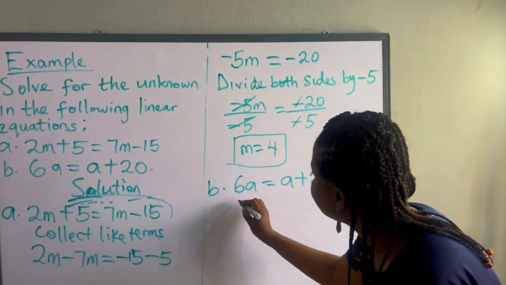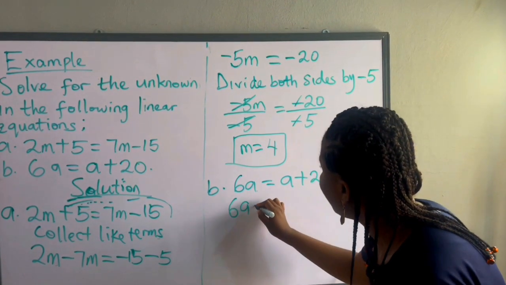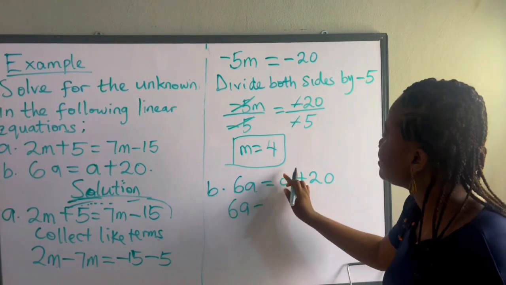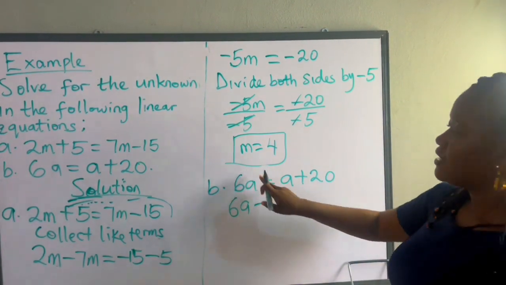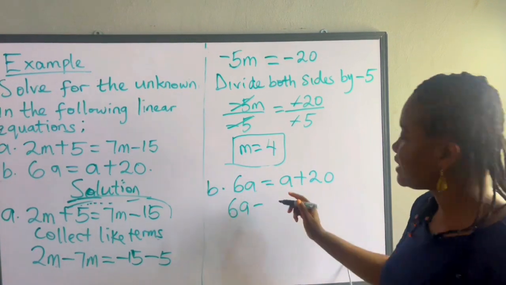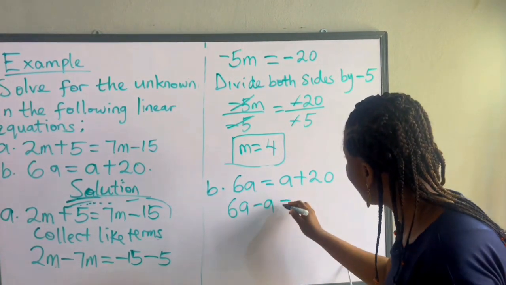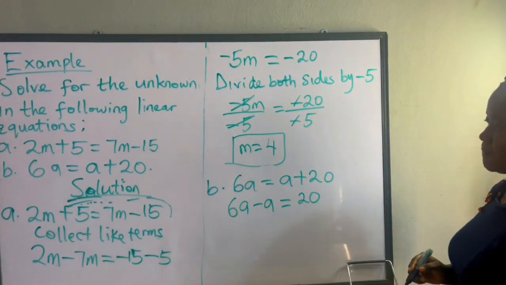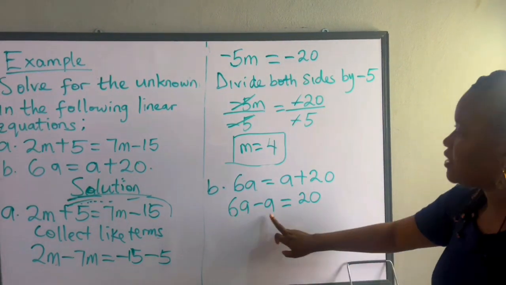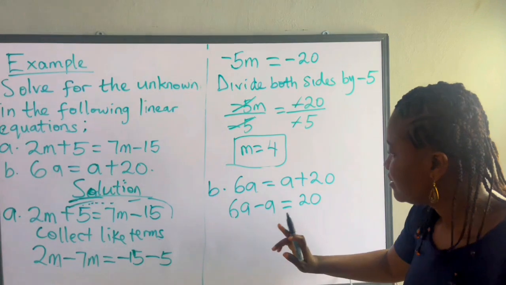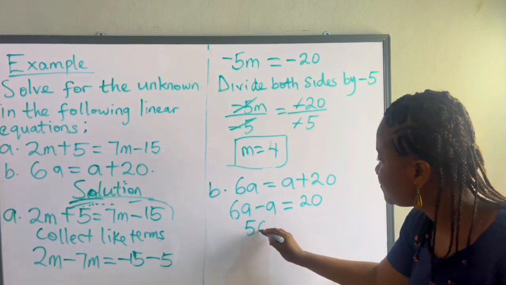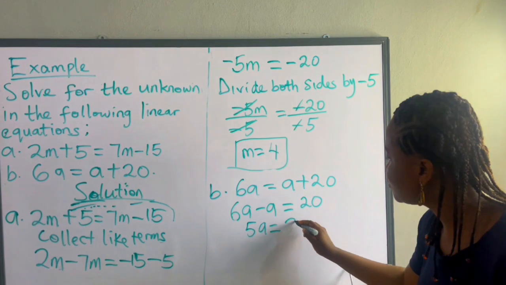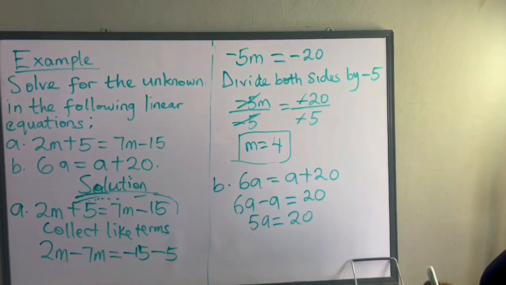So we say 6a minus a, don't forget, once a crosses to the left hand side, it becomes minus a, equals to, what do we have left here? Equals to 20, right? Now, 6a minus a will give us 5a. And then this is equal to 20, right?